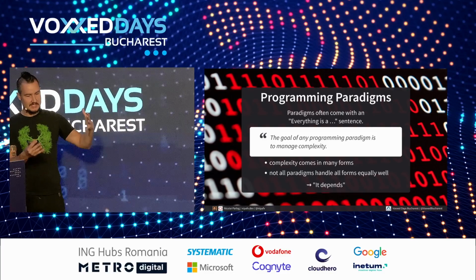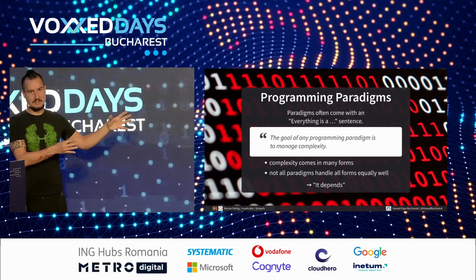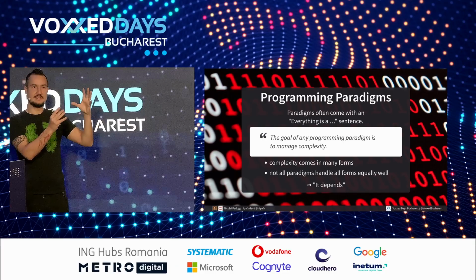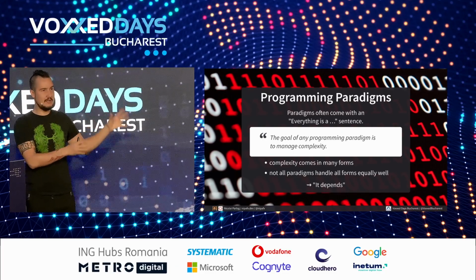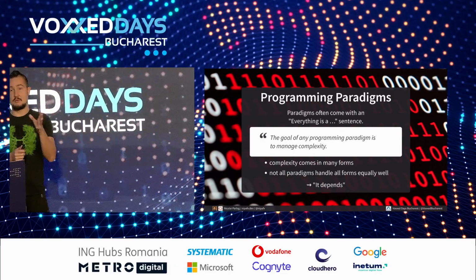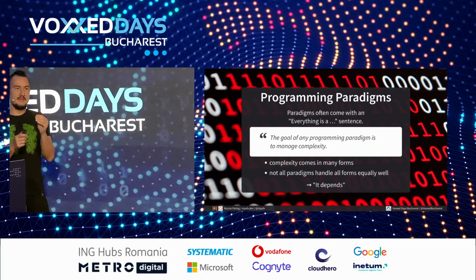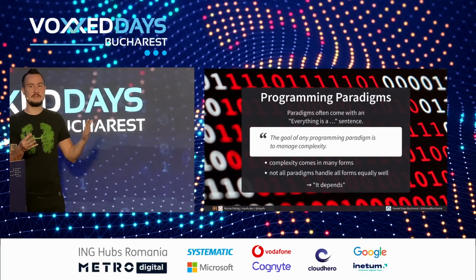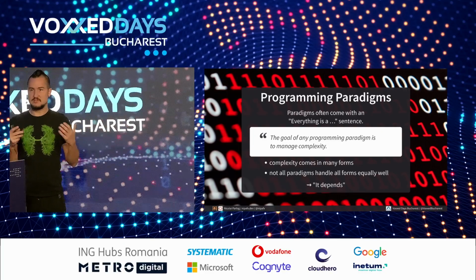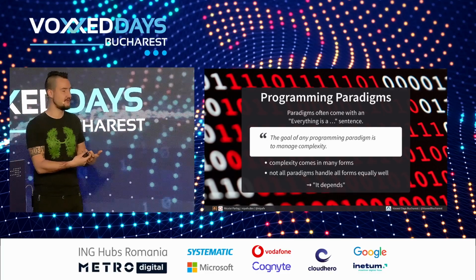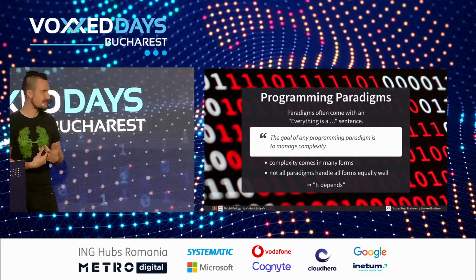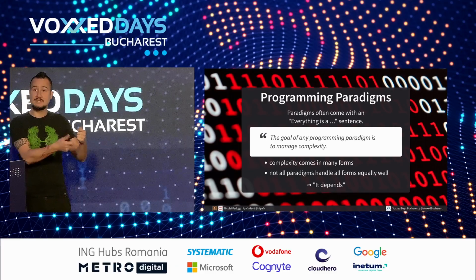We're trying to manage that. And every programming paradigm has different strengths. Some kinds of complexity they handle well, other kinds of complexity they don't handle that well. And that's why there is no universal best programming paradigm. That's why the answer is always "it depends", and if you're asking somebody who knows what they're talking about, they will try to tell you what specifically it depends on.